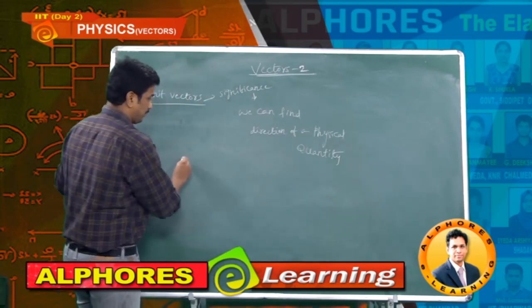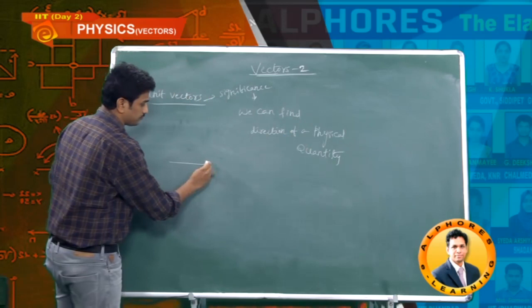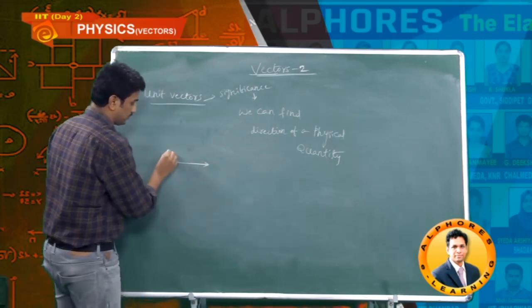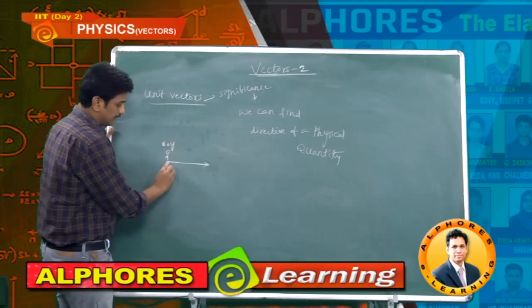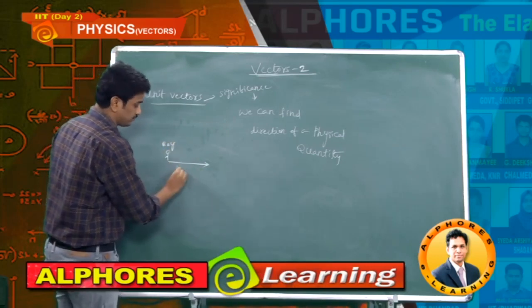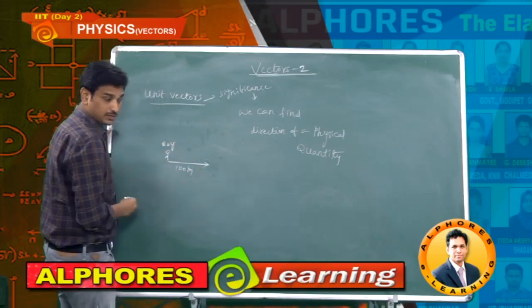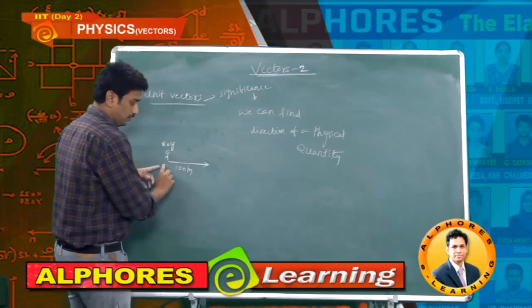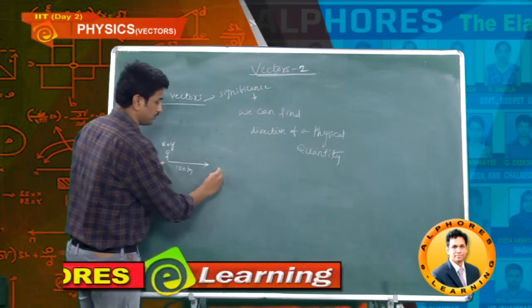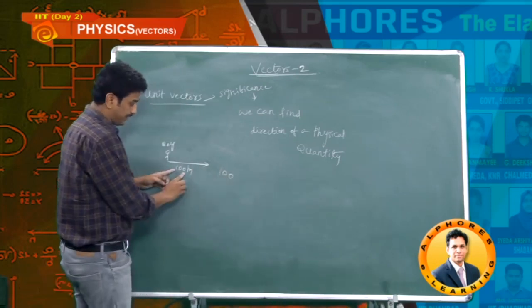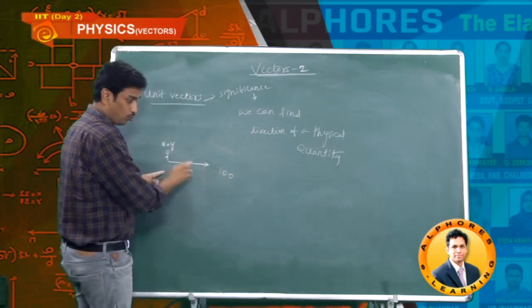I will give you an example. Suppose a boy is running in this direction 100 meters. Now displacement is a vector. Now 100 is the magnitude, what is the direction? I don't know.